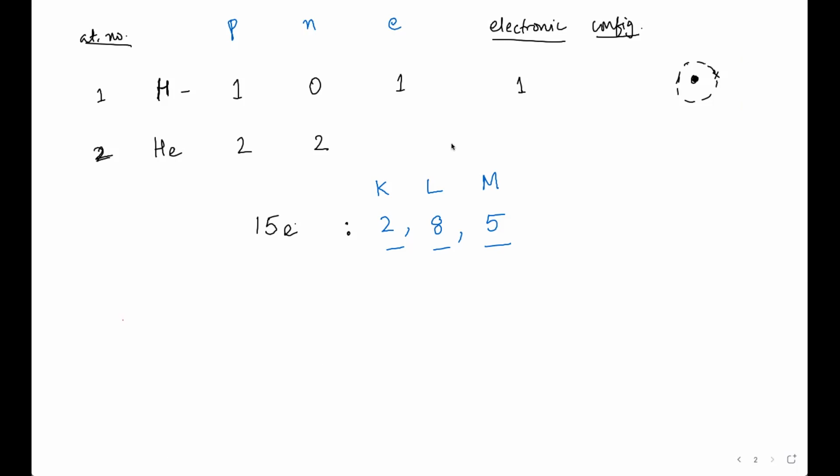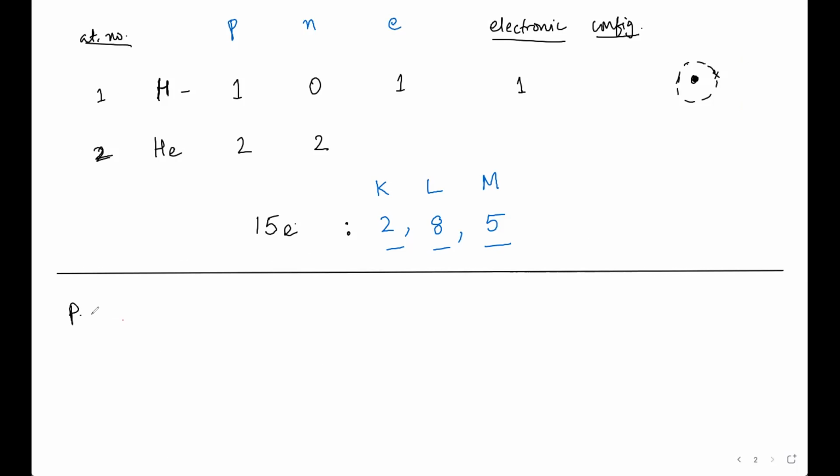Okay, so what is the atomic number of potassium? 90. Yes, so we're talking about potassium. Let's go through whatever is in the notes. Next one is symbol, right? What is the symbol of potassium?